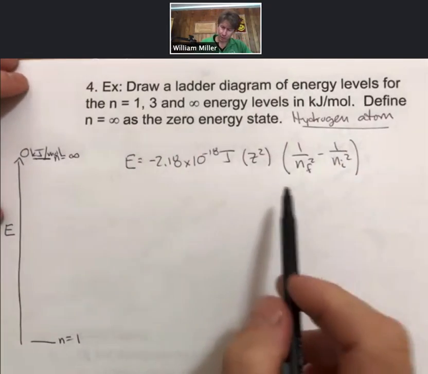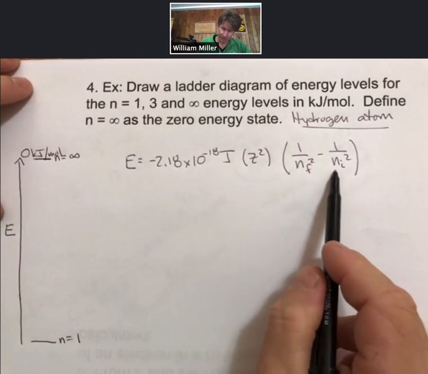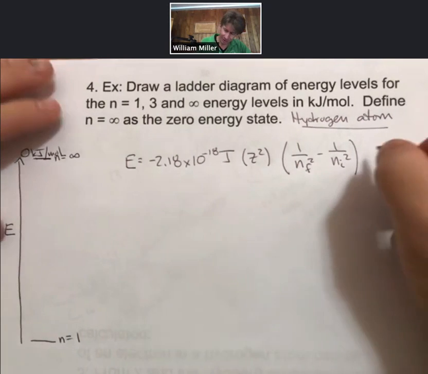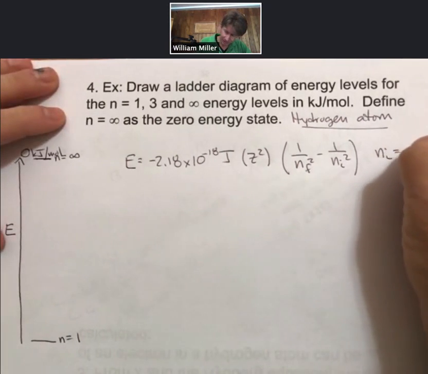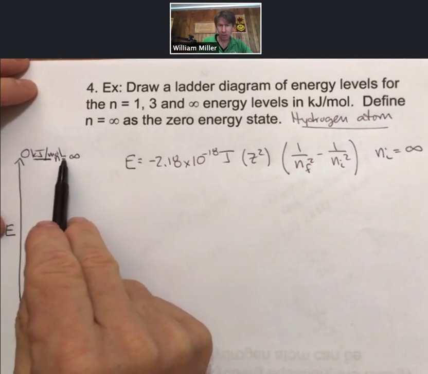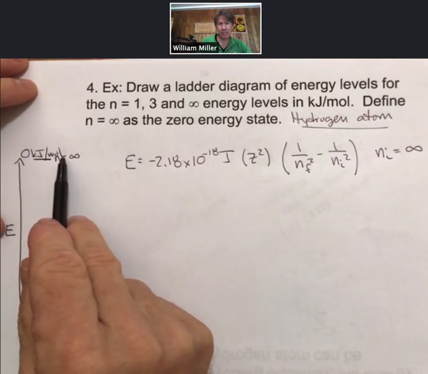And what we're going to do is define, at least for our calculations, that ni will always equal infinity. And that means that we're always thinking of our electron as starting in a state that's n equals infinity.